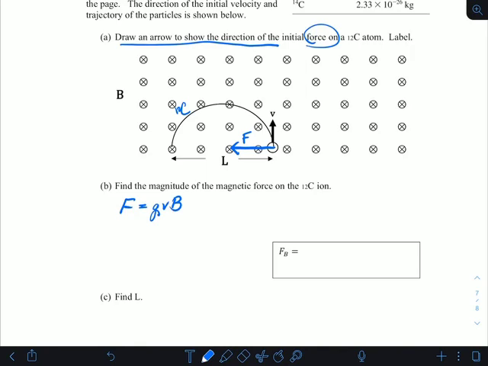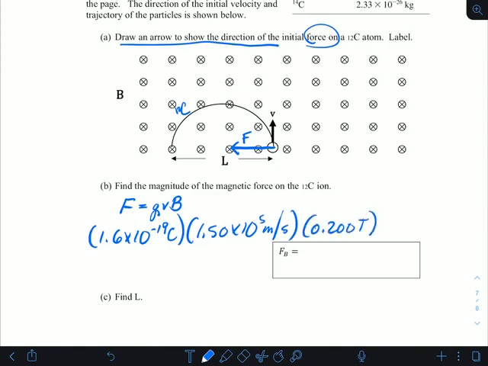Remember that there's a sine theta, but in this case they're perpendicular, so sine theta is 1. So if I put in 1.6 times 10 to the minus 19 coulombs times the 1.50 times 10 to the 5th meters per second that's given, times the 0.20 Tesla, then I get a force of 4.8 times 10 to the minus 15 newtons.